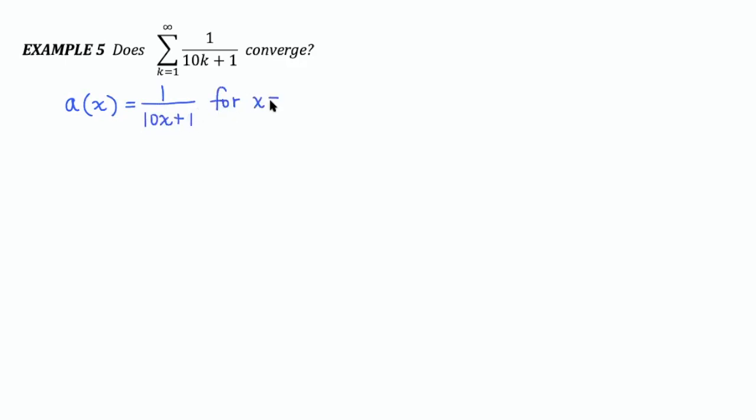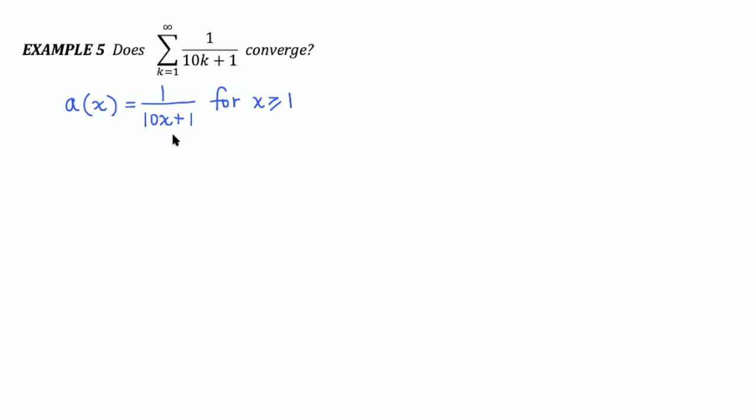This needs to be true for x greater than or equal to 1 because that's what our index of summation tells us. And what I need to check are the 3 conditions that this function on this interval will be positive, continuous, and decreasing. Positive is relatively easy to think about. If you're going to be plugging in x values bigger than or equal to 1 into this fraction, you should be able to convince yourself pretty easily that the outputs will be positive.